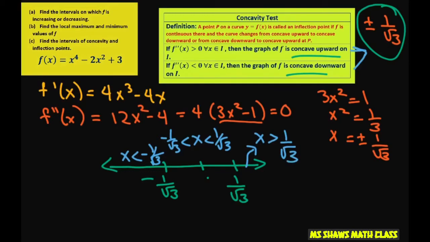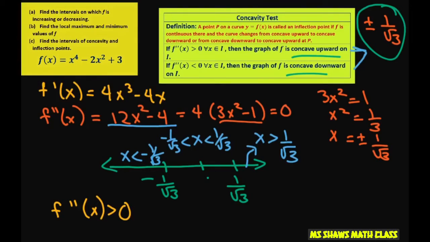So what we notice if we plug it in, and you're going to plug it into this equation, if I plug in a negative, we're doing f double prime of x is positive.